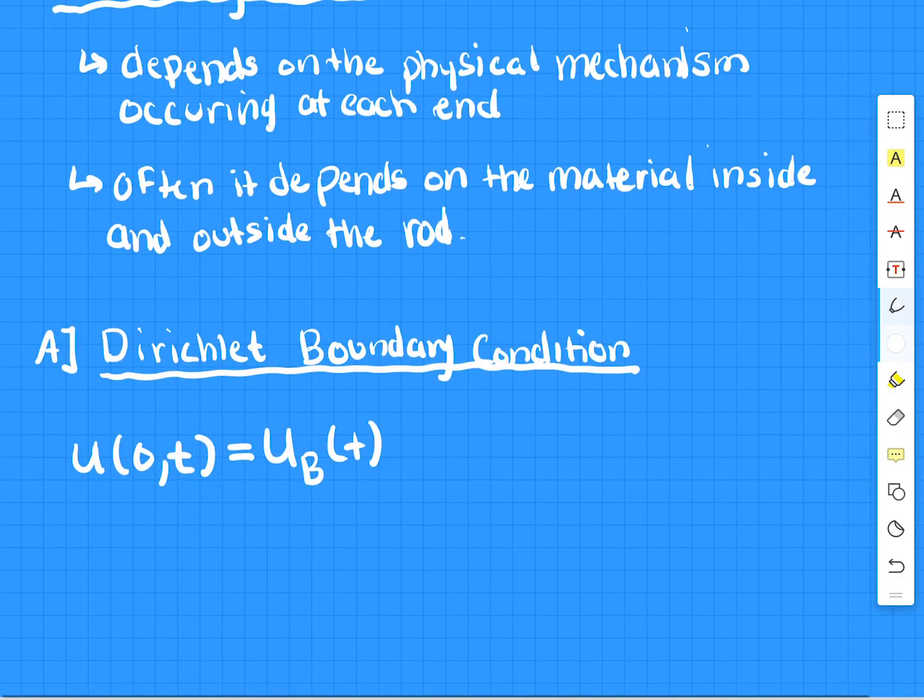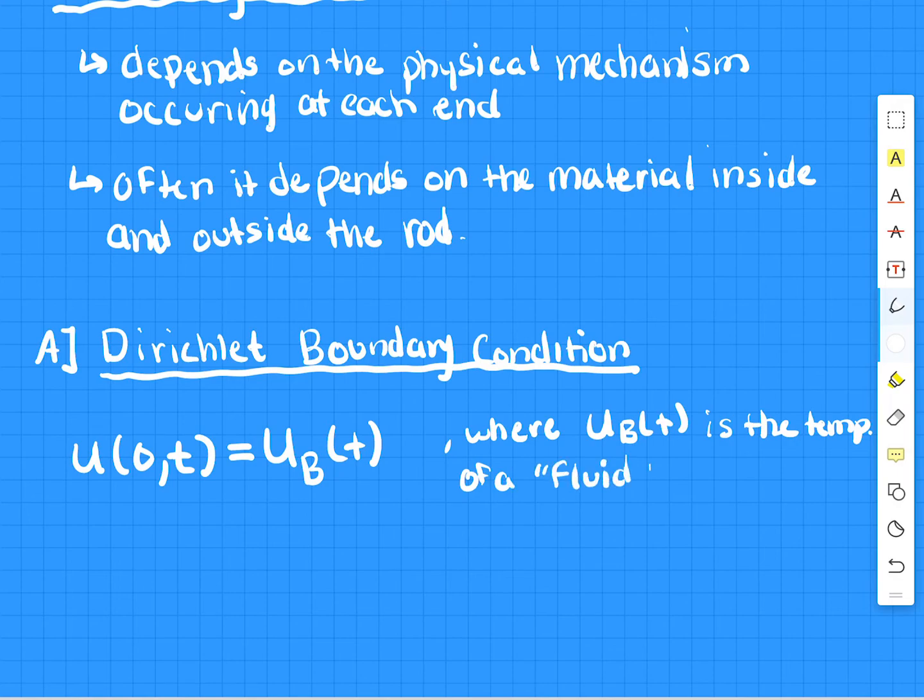So essentially this is saying where U sub b of t is the temperature of a fluid bath in which the rod was in contact.